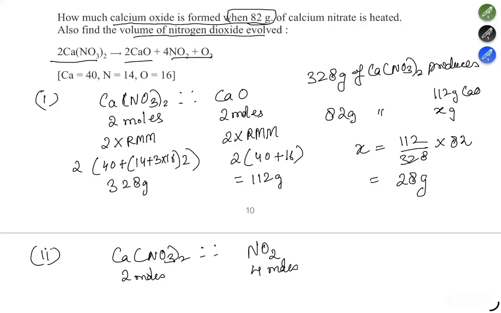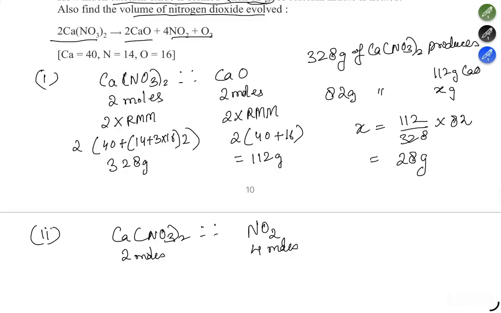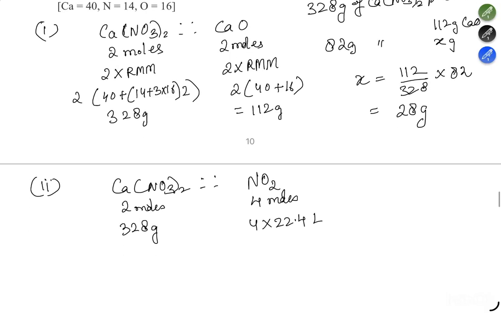Now we have to calculate the volume of nitrogen dioxide gas, that means in liters. So the 2 moles we can convert into mass, which we have done already in the first part, and 4 moles we convert into volume by multiplying with the molar volume, which gives 4 into 22.4 liters of gas evolved when 328 gram of calcium nitrate is used.